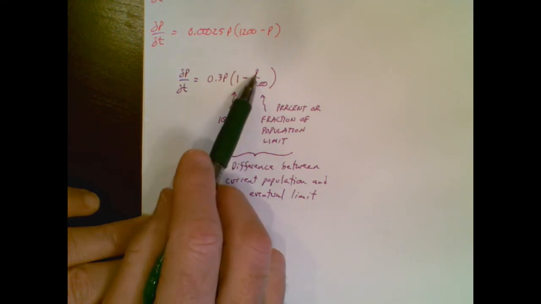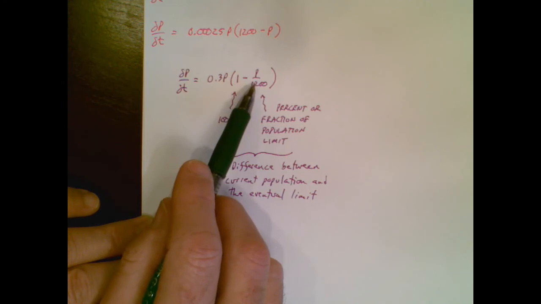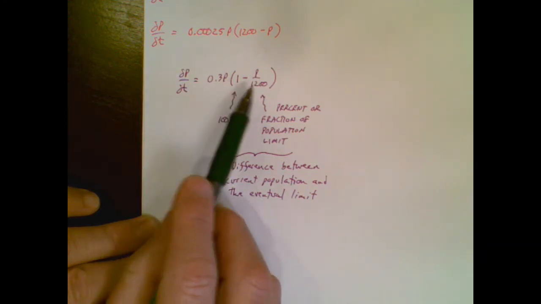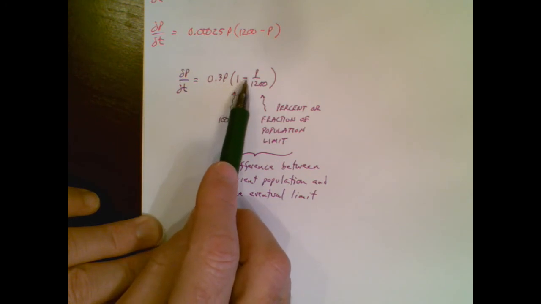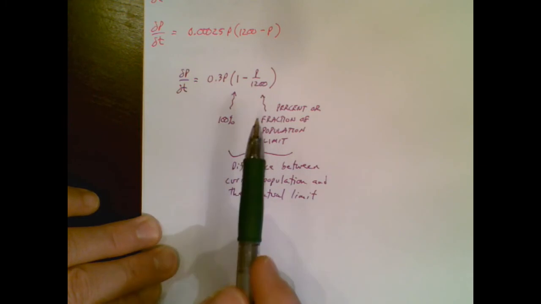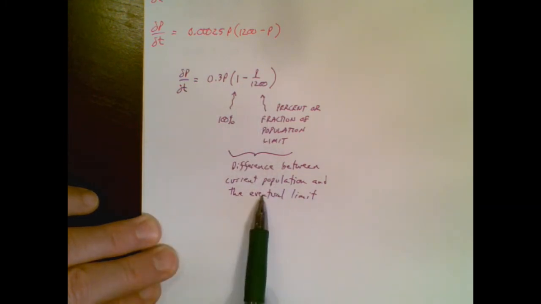So if the population was at 800 out of 1200, we're at about 67% of capacity. So 100% capacity minus 67% current level is really the difference between the current population and the eventual limit.